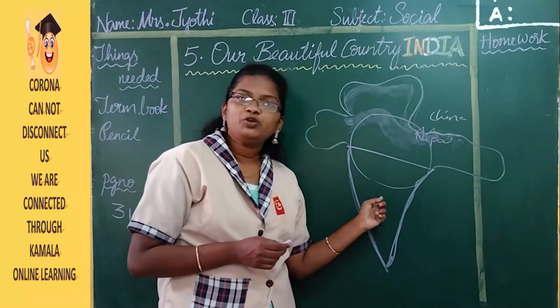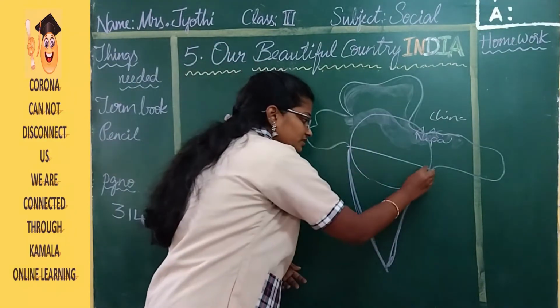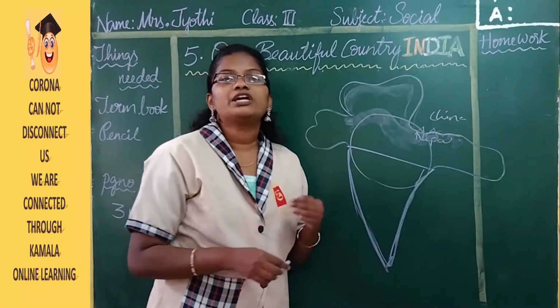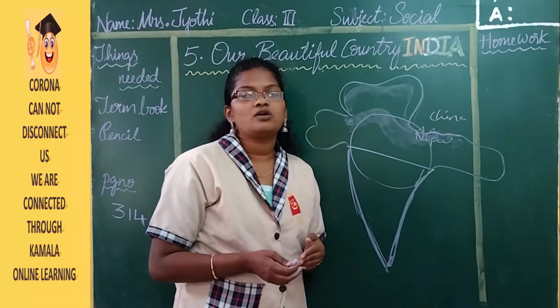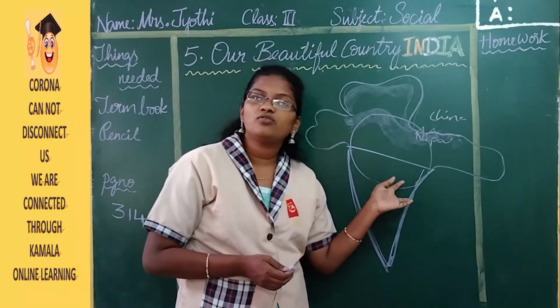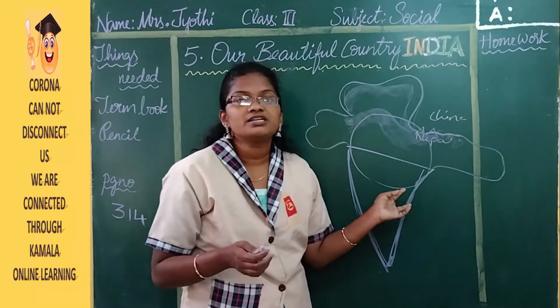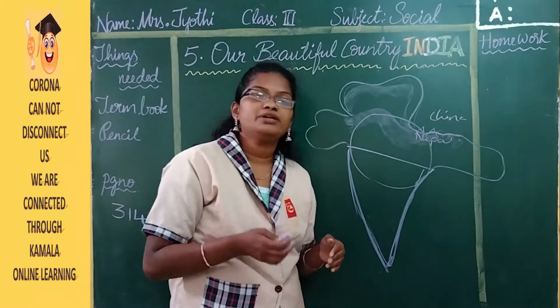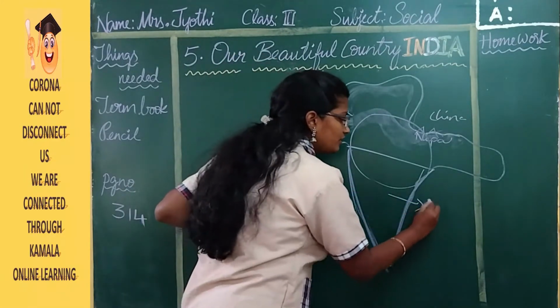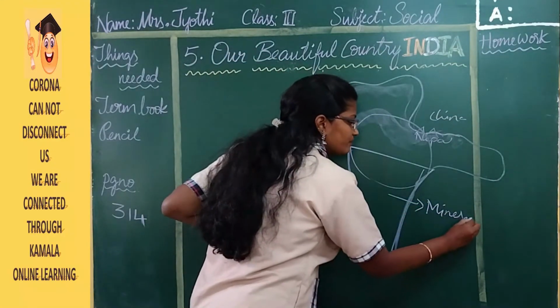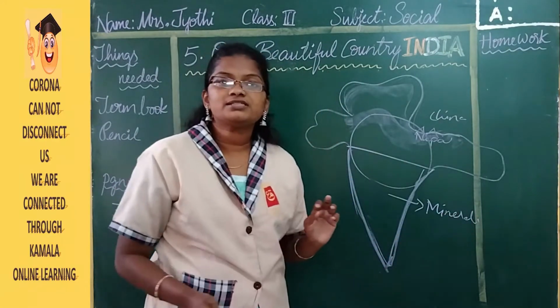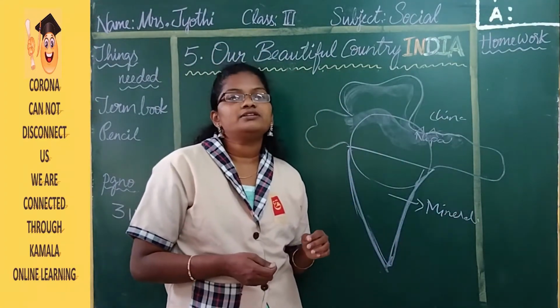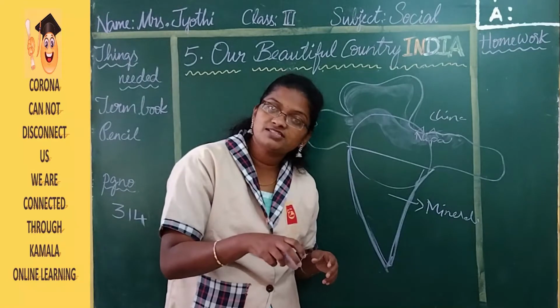When you see the plateau over here, it is not so fertile. You cannot grow all kinds of crops because there is less water over here. But towards the southern side, we have a lot of minerals. So what are minerals? Whatever things are available from inside the ground.